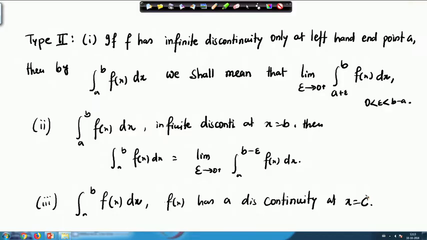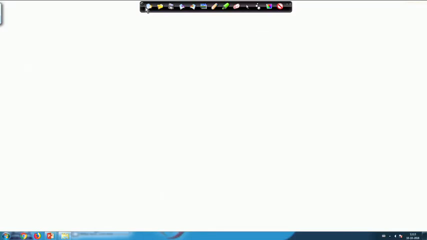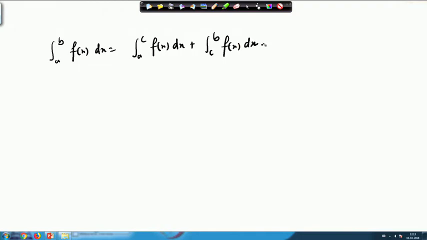So that means in between that interval a to b there exists a point c where the function is not continuous, and then we will write the integral a to b f(x) dx as a to c f(x) dx plus c to b f(x) dx, like we did for the limits where both the limits were infinite.